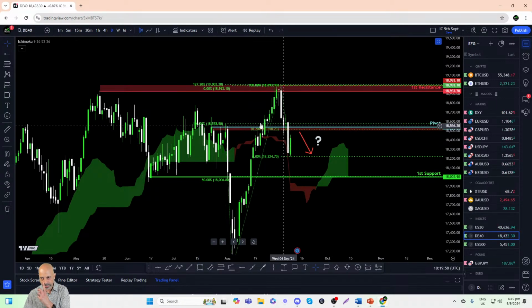So this pivot level here is actually a pullback resistance. Previously you can see the DAX running into resistance from 23rd of July till the 1st of August, after which it dropped lower. And this is a level which once again could function as a potential resistance barrier, and it also has the presence of a 38.2% retracement. So we're looking at a strong rebound in the DAX for today, and it could potentially stall around this region here before resuming the downtrend.